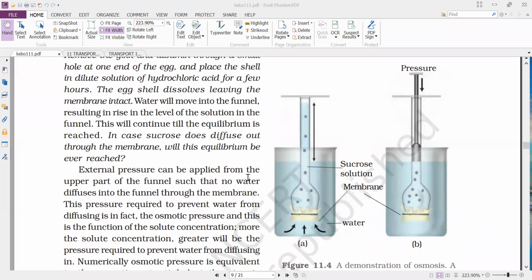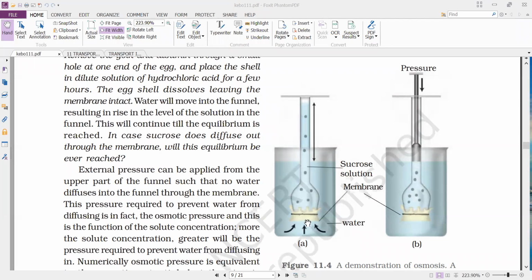We are taking a beaker with pure water with higher water potential, and a highly concentrated sugar solution in a thistle funnel up to a certain level, and the funnel is placed in the beaker.